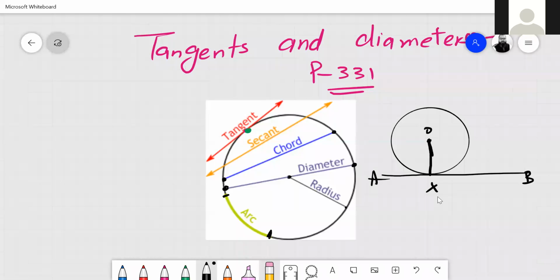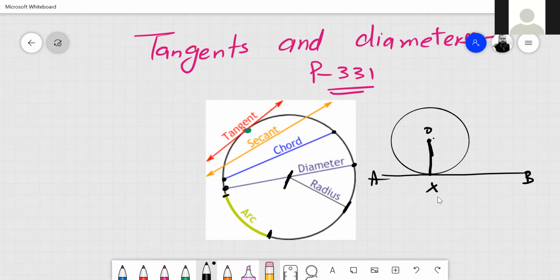AB is the tangent, the line which touches the circle at one point. The tangent to the circle is perpendicular to the radius from O to X. This is the radius. The radius OX is perpendicular to the tangent.